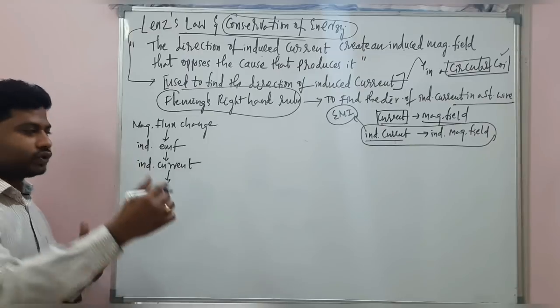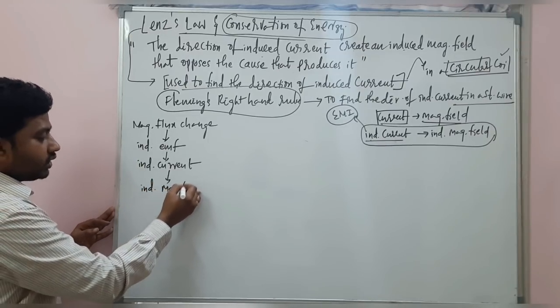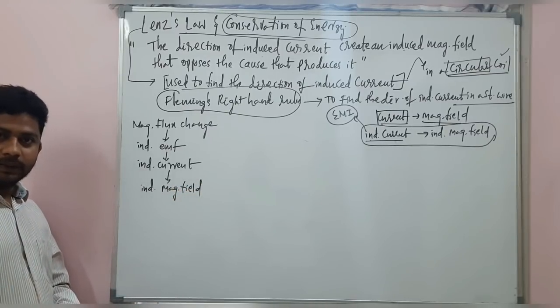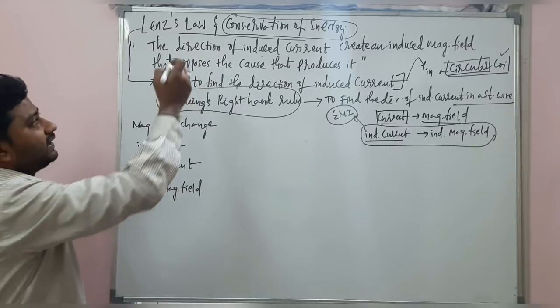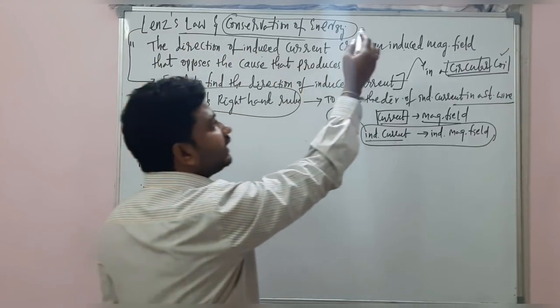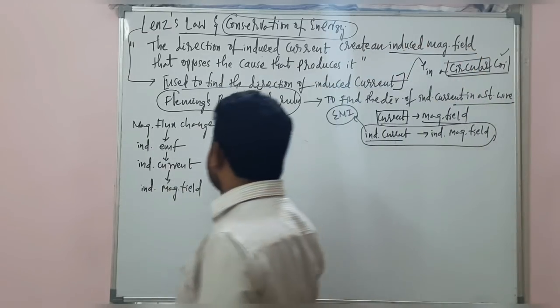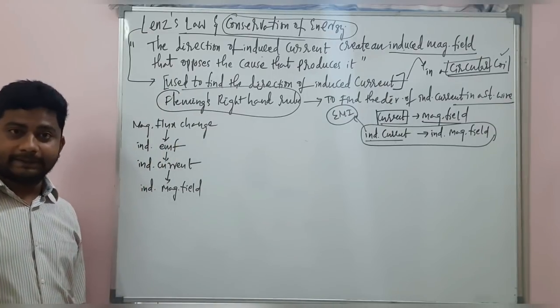It will produce induced magnetic field. Alright, my dear students, induced current will produce induced magnetic field. This is the part we have studied just now. The direction of induced current creates an induced magnetic field. So induced current produces induced magnetic field. Now let's read further.